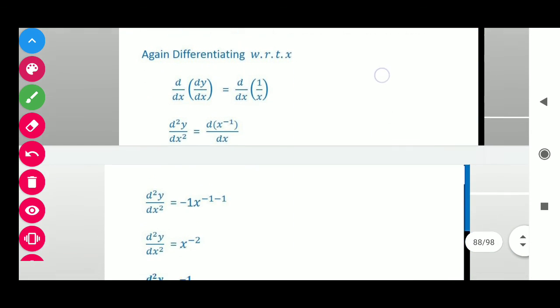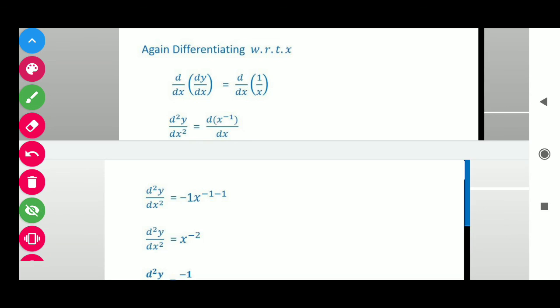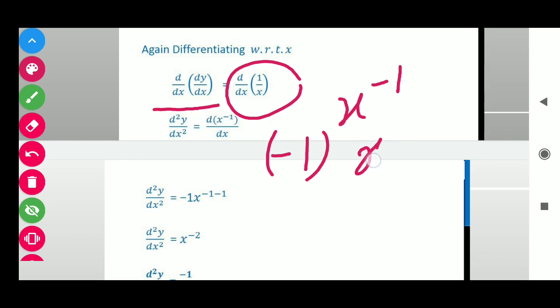Again differentiating with respect to x, we get d over dx of dy over dx equals the derivative of 1 over x. So students, for that we have to take x in the numerator and we will write x raised to the minus 1. Now take the power, write down the power, x remains as it is and subtract 1 from the power.